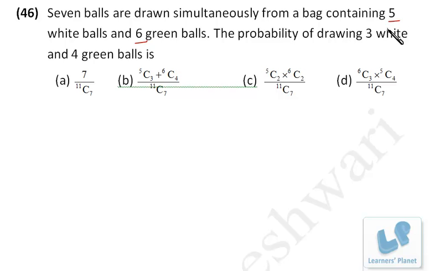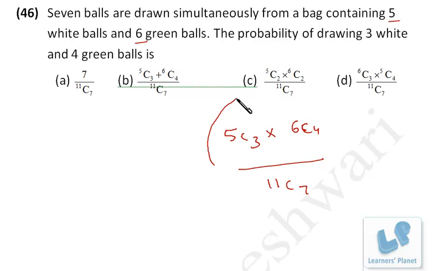So out of 5 we have to draw 3. So it's 5C3 into, we have to draw 4 green, so it's 6C4, by 11C7, right? So this is what our answer is. So 5C3 is 5C2 and 6C4 is 6C2. So this is the correct answer. Okay, we don't have to solve it.